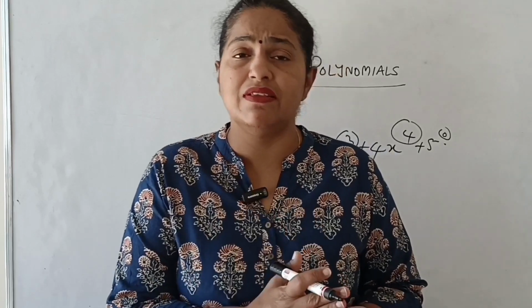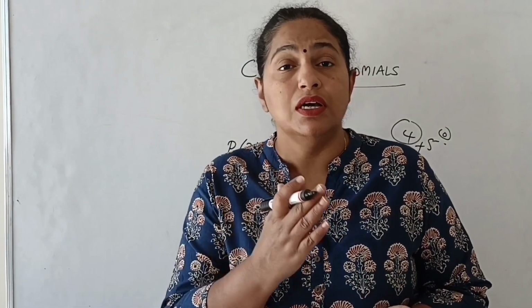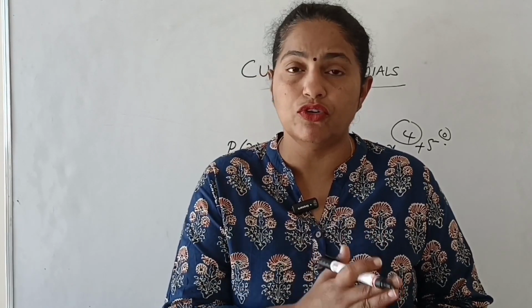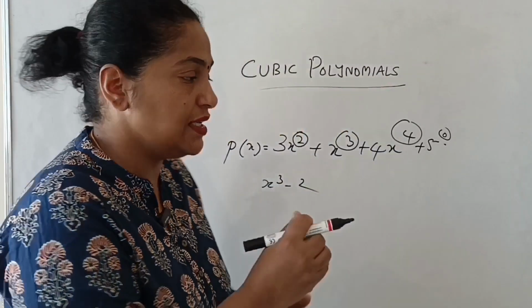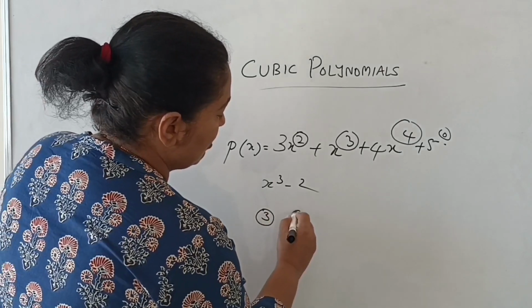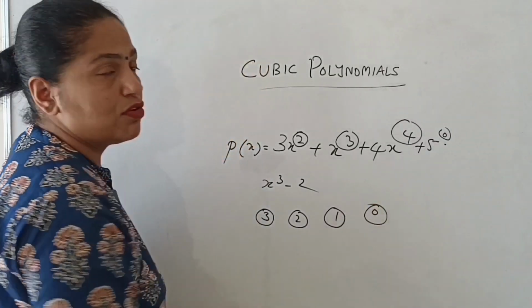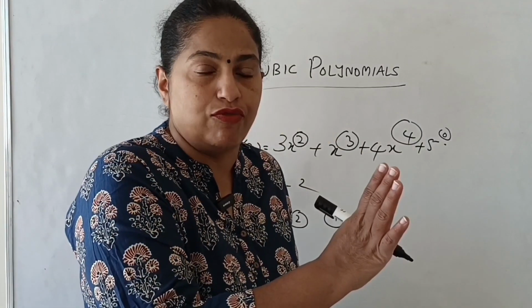Now you know that every single type of polynomial, linear, quadratic, biquadratic, they all have a standard form. So the cubic polynomial also should have a standard form, and that standard form, when we are writing, should have a term having a power of 3, then having a power of 2, then having a power of 1, and then having a power of 0, which should be the constant term. That is the general form.